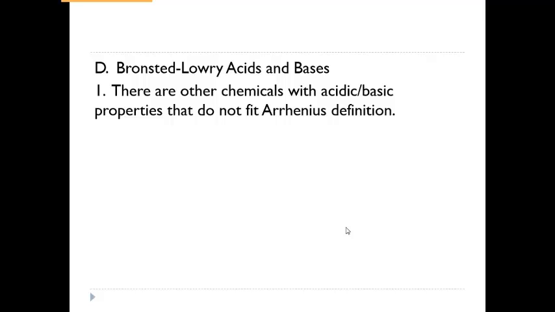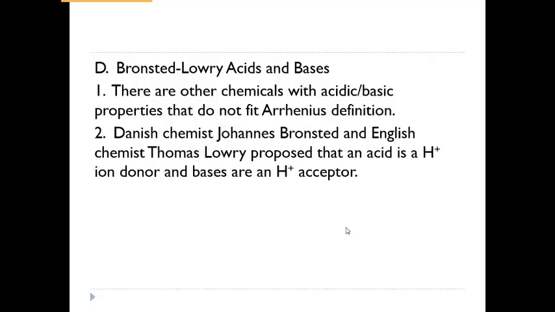So Bronsted and Lowry are two scientists that worked together, and they proposed a slightly different take on acids and bases. They said that anything that donates a hydrogen ion is going to be an acid, and anything that accepts a hydrogen is going to be a base.